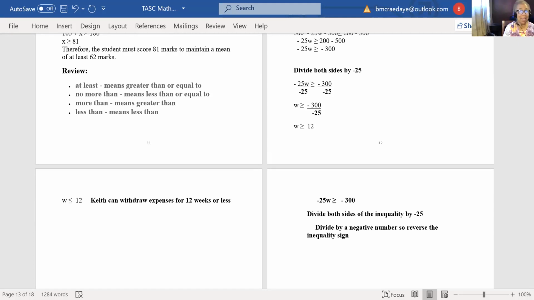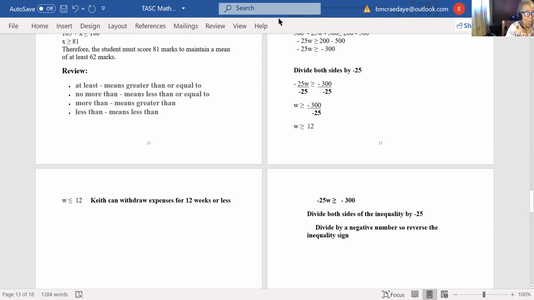Yeah, he can take out money, that $25 per week, for 12 weeks or less. Weeks less than or equal to 12. So in words, Keith can withdraw expenses for 12 weeks or less.